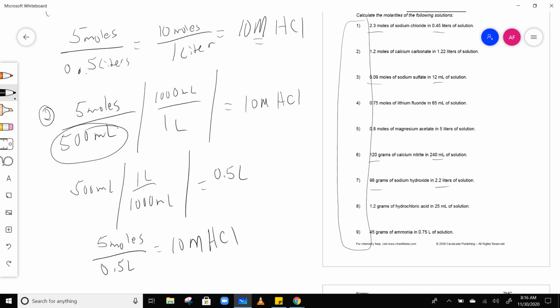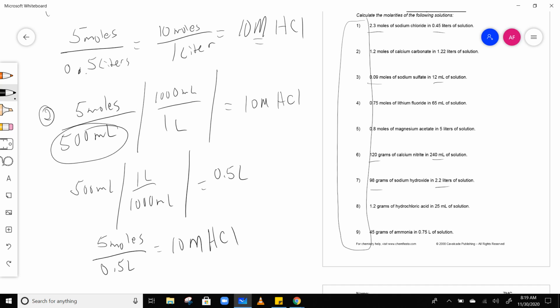You can convert the milliliters to liters in the molarity formula, which is moles over liters. So this is moles over milliliters, and now we're just converting the milliliters to liters. Or we can convert the milliliters to liters first, then plug it back into the molarity formula, 5 moles over 0.5 liters.